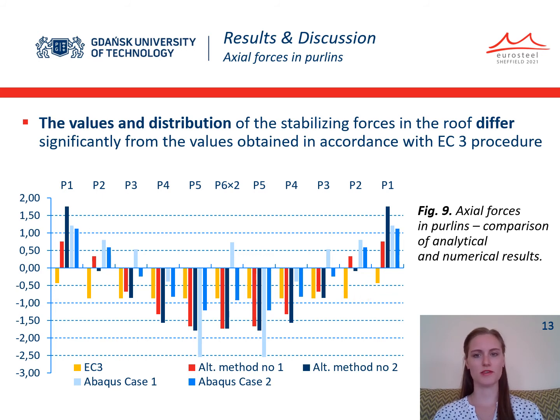The maximum axial force in the purlin in case 1 of the numerical analysis was circa 2.5 times larger than the value obtained according to the Eurocode procedure. According to the alternative methods, it was about 2 times larger.